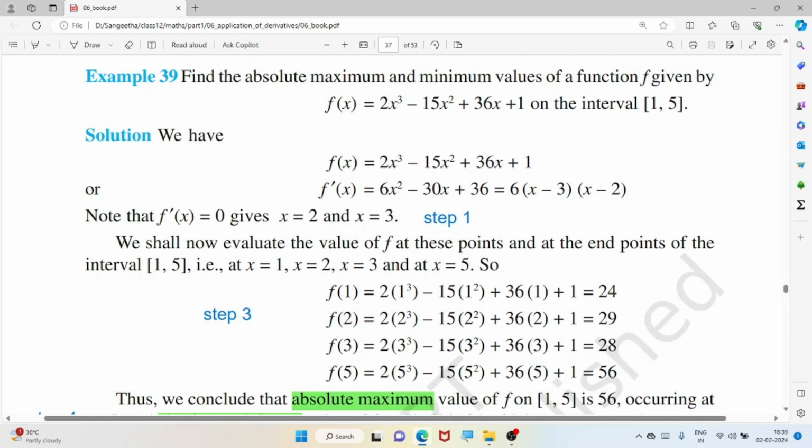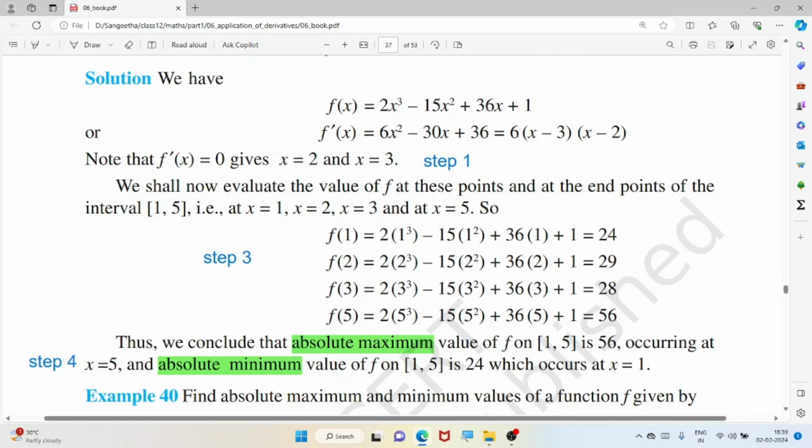Okay, because if you take x equal to 2, this will be 24 plus that is 60, and this will become 60. So at this point f dash of x is 0, and 3 also is 0. Okay, so that is step 1.